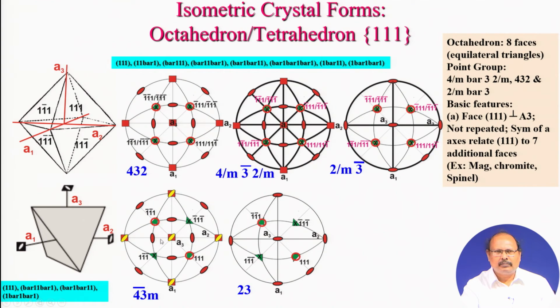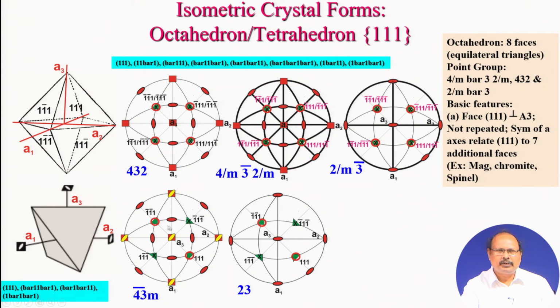So, this is your bar 4 axis here, and immediately you know that if your starting motif position is 1 1 1, the bar 4 axis is essentially a type of axis which behaves as a 2-fold axis of symmetry. Immediately you know that this open symbol, that is 1 1 1, has intersected the positive direction of the A3 axis.